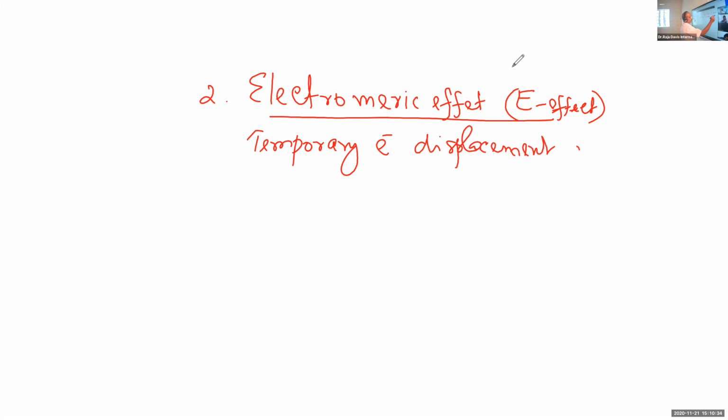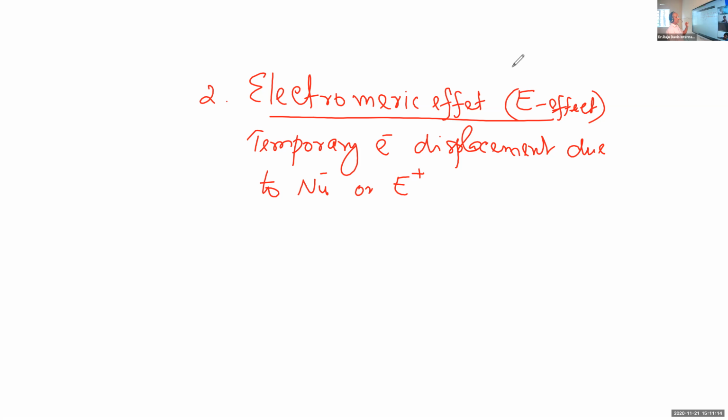It is a displacement due to the requirement of an approaching nucleophile or electrophile. Say a nucleophile is approaching or an electrophile is approaching, then there will be a temporary displacement of electrons.